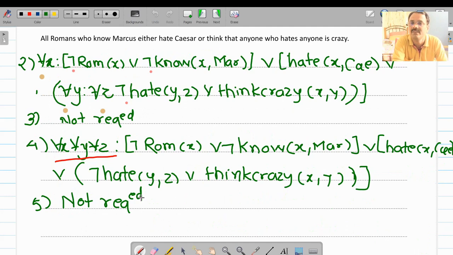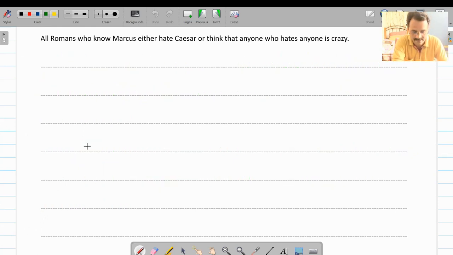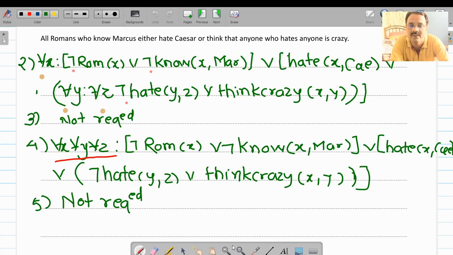So in step 6 we will remove all these universal quantifiers, for all x, for all y, for all z. Your resultant formula will be the remaining formula, that means not Roman x, this formula as it is.